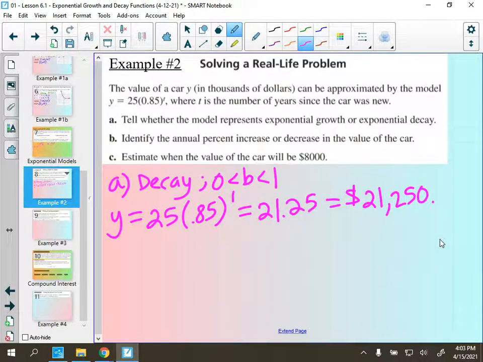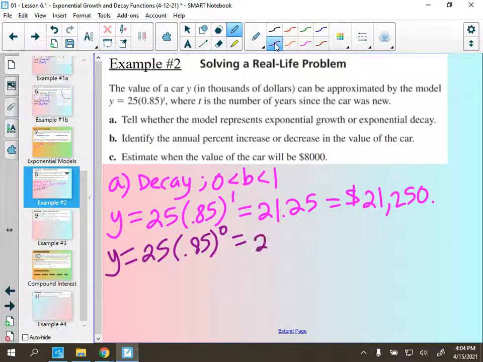I think maybe we should have started with, well, what about this one? If I plug in 25 times 0.85 to the 0 power, I didn't even need my calculator. It stays at 25. How can that be? What's going on there? Again, what does that mean? It means that the initial value of my car was $25,000.